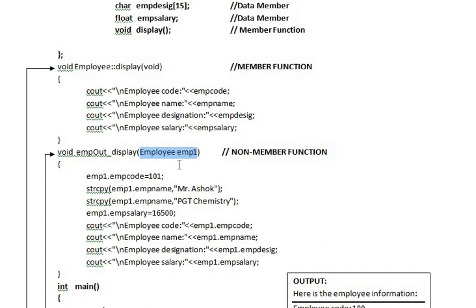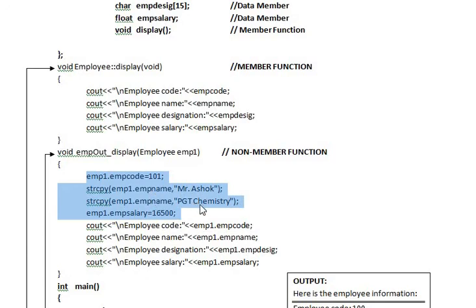And once this is done, the function enters inside its body and starts to execute these four statements. The first statement assigns the value 101 to the data member emp code. The second statement assigns the value Mr. Ashok to the data member emp name.